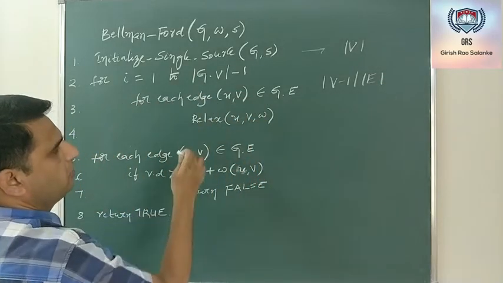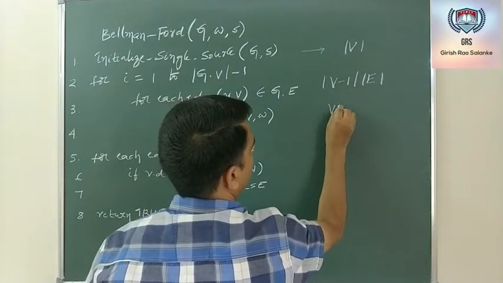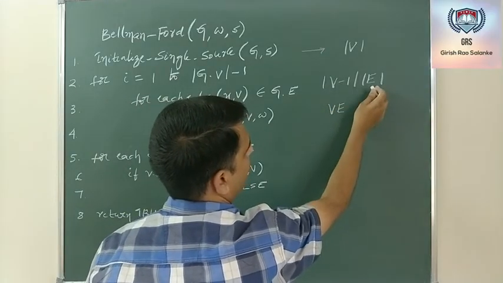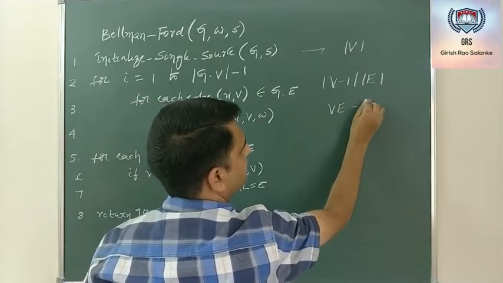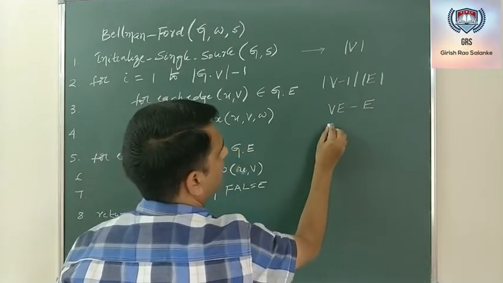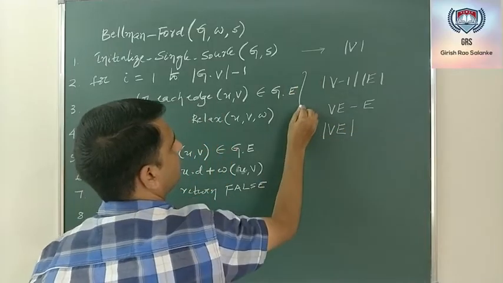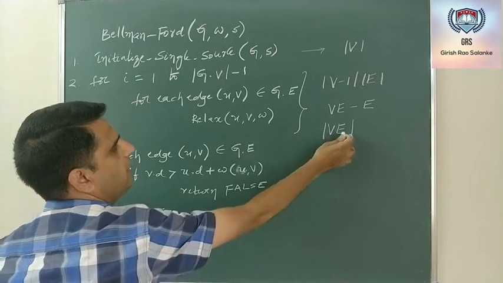So this part of the code has a time complexity of VE minus E. Anyway, E has a lesser value, so I'll take VE. This part has VE time complexity.